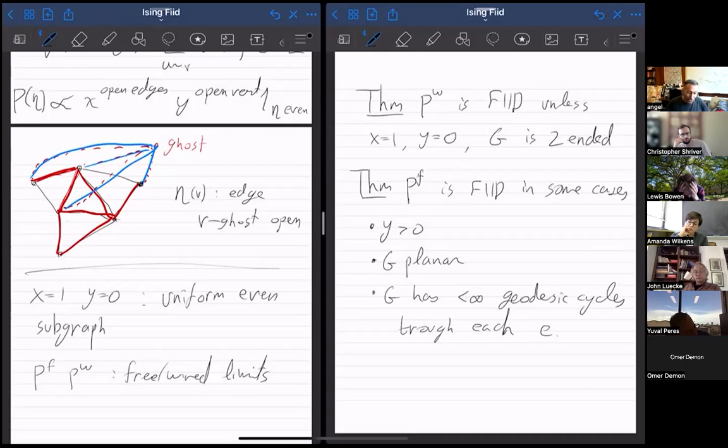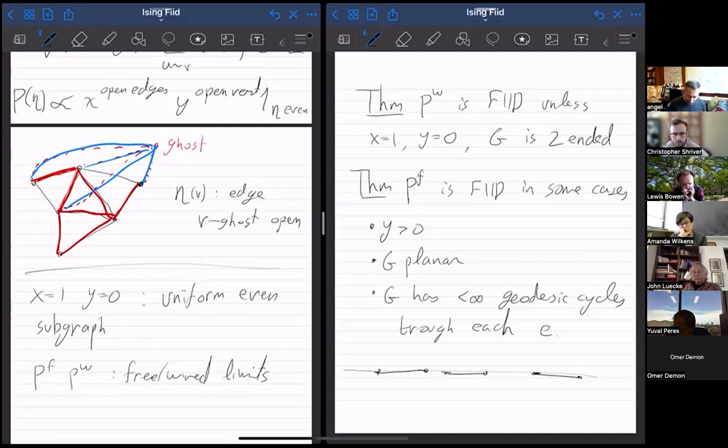Again, if Y is non-zero, it's not hard to show that this has a limit. Then you get some configuration of segments with gaps between them. But if Y is 0, then you always have the empty graph.